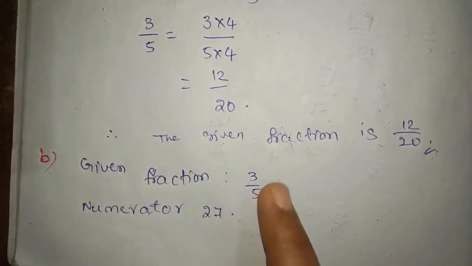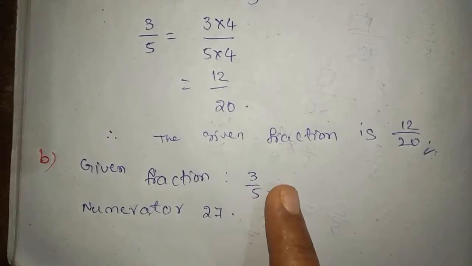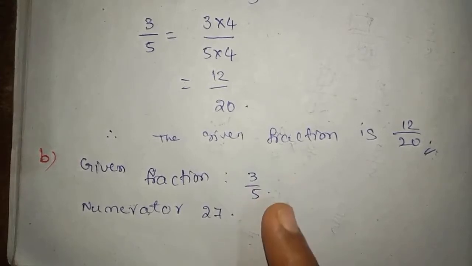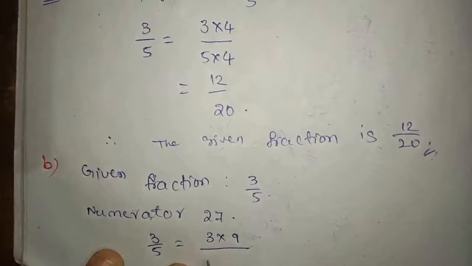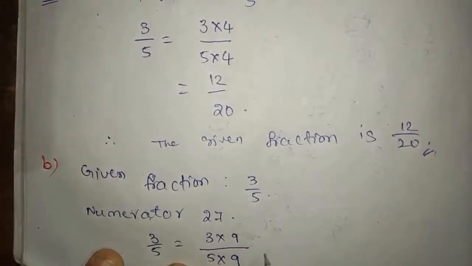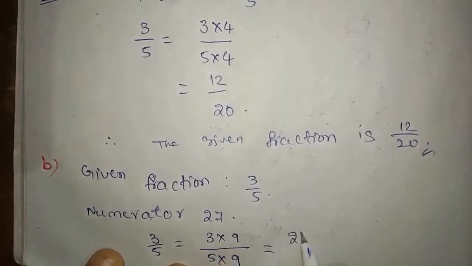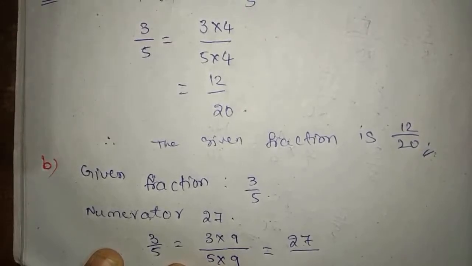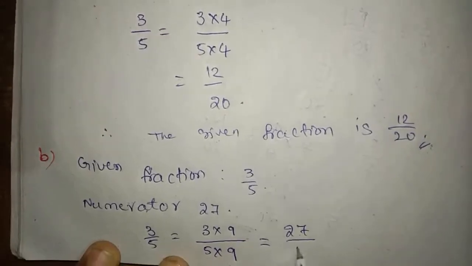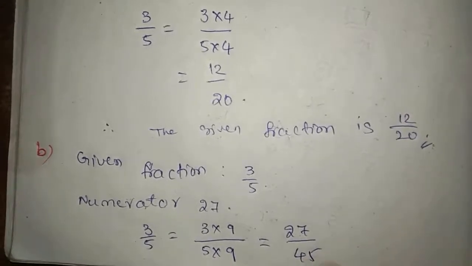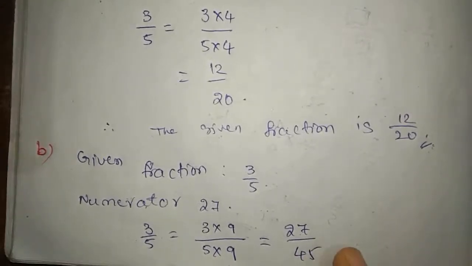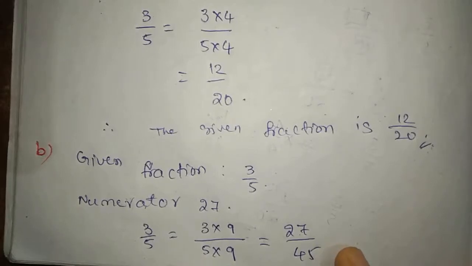So we multiply both numerator and denominator by the number 9. 3 into 9 by 5 into 9. 3 nines are 27 and 5 nines are 45. So the fraction is 27 by 45.